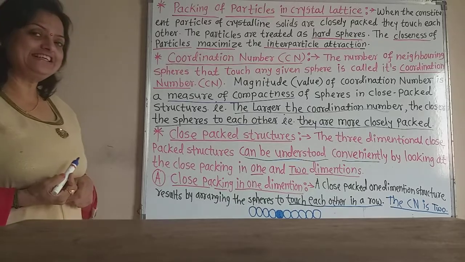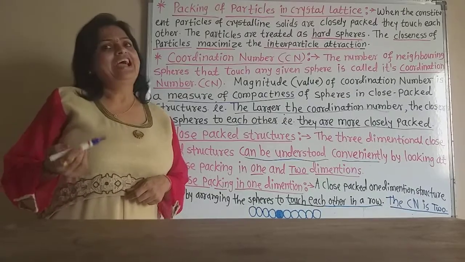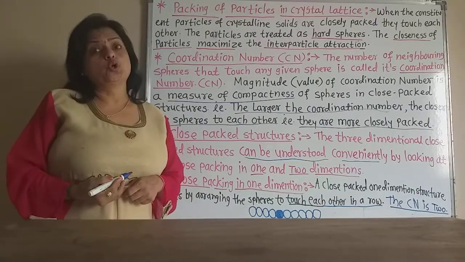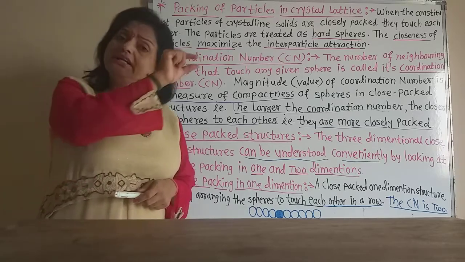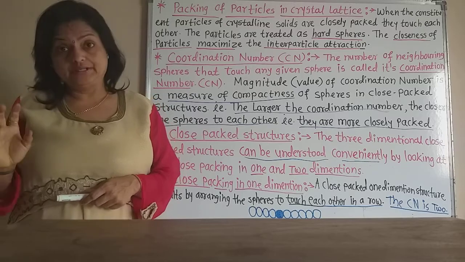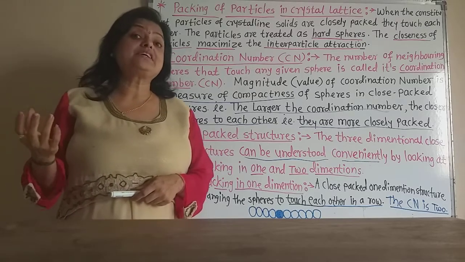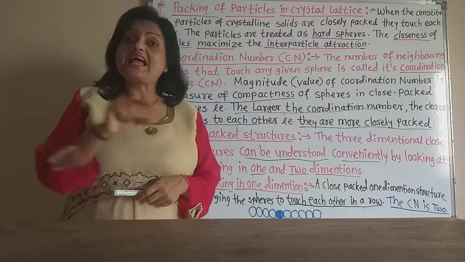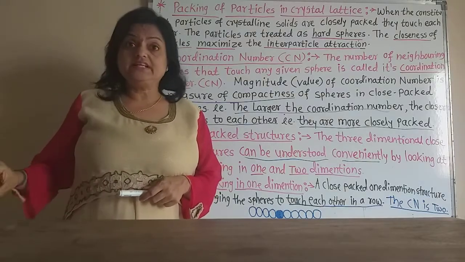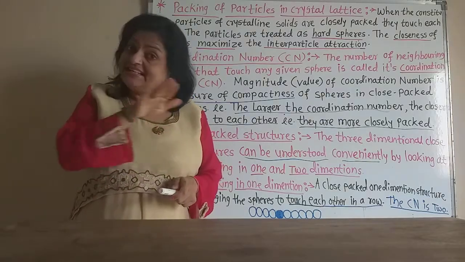So let us learn the one dimension and two dimensional close packing. One dimension means the spheres are arranged in only one row, and in two dimensions the spheres are arranged in more than one row, only in a single layer.